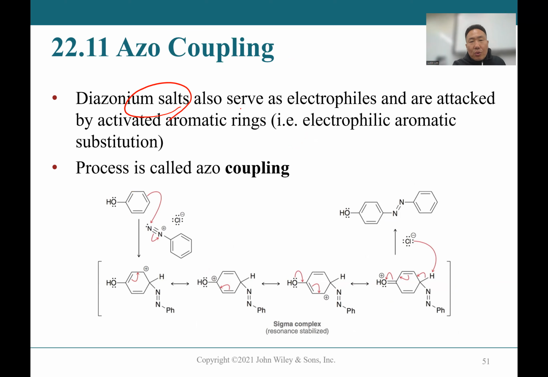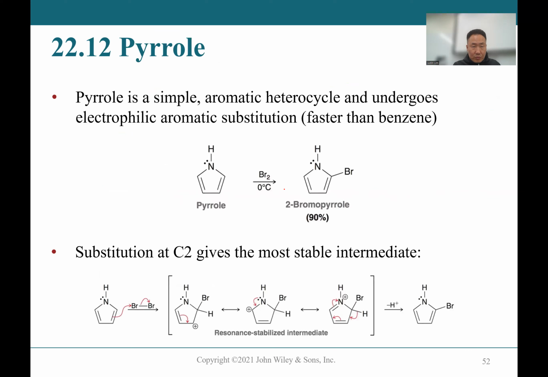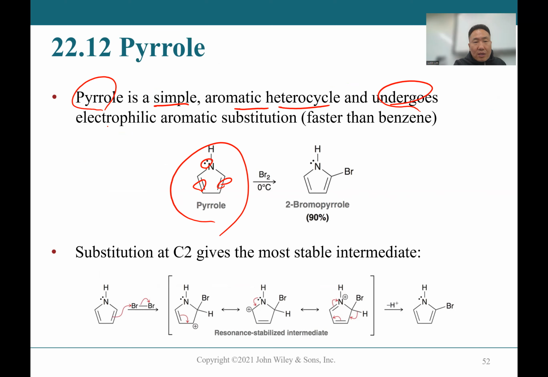The diazonium salt also serves as an electrophile attacked by an activated aromatic ring. This process is called azo coupling. Pyrrole is a simple aromatic heterocycle. This is pyrrole. With 2, 4, 6 pi electrons, it undergoes electrophilic aromatic substitution faster than benzene.